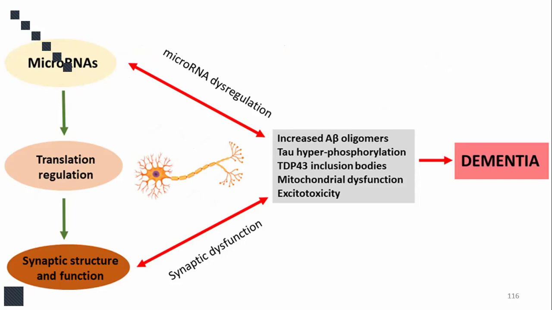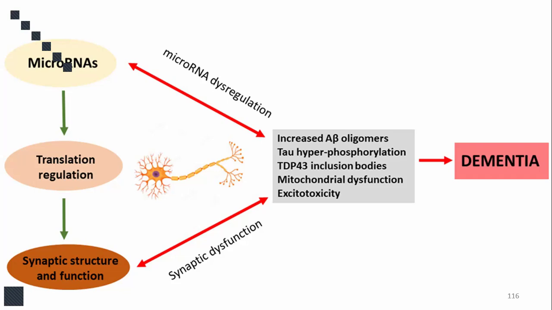MicroRNAs regulate translation, and this will also affect what we call synaptic structure and function in the nervous system. As you can see, microRNA dysregulation can affect the microRNA population and can also increase amyloid beta oligomers, tau hyperphosphorylation, TDP-43 inclusion bodies, mitochondrial dysfunction, and then excitotoxicity.